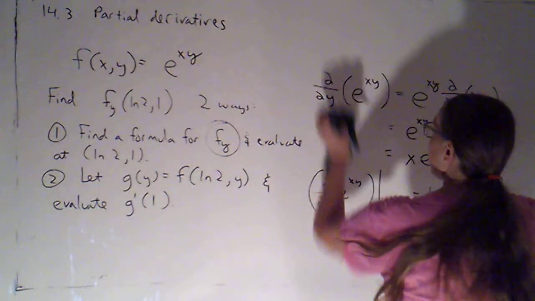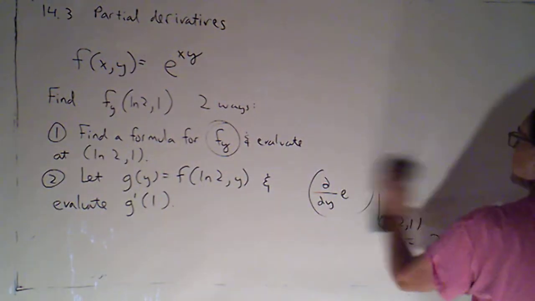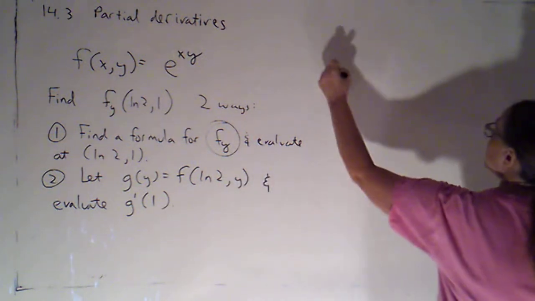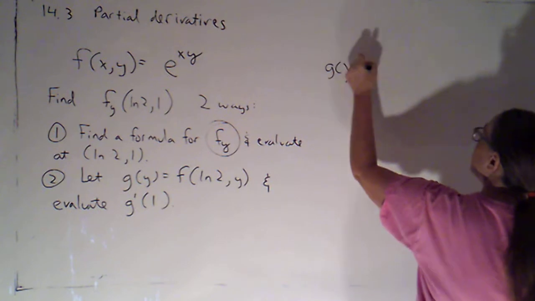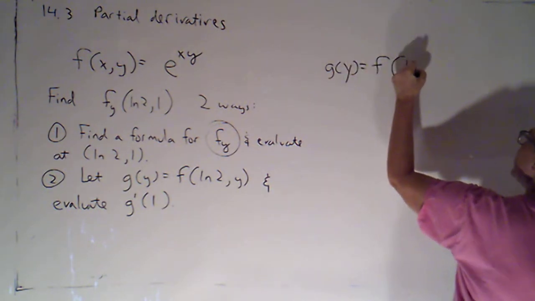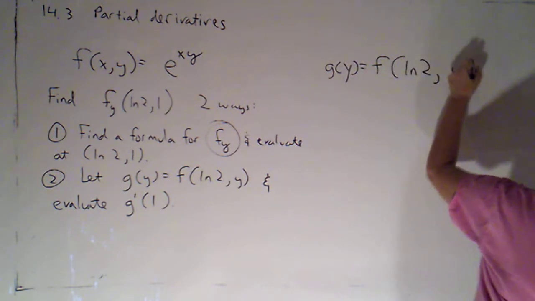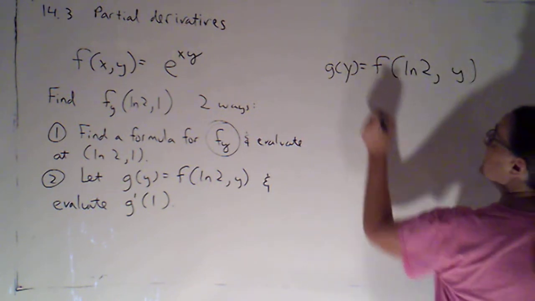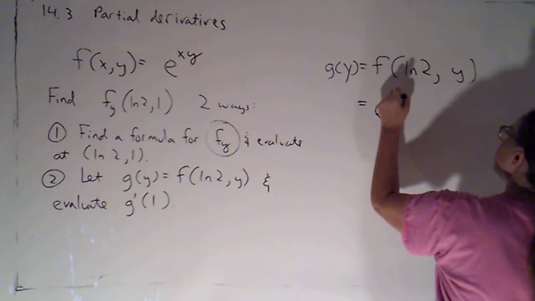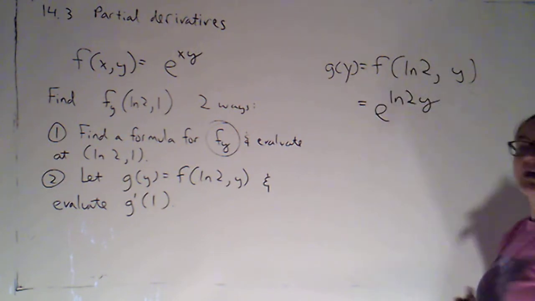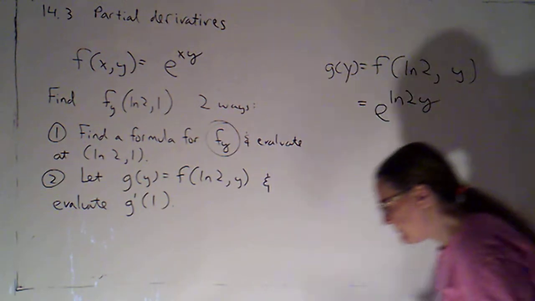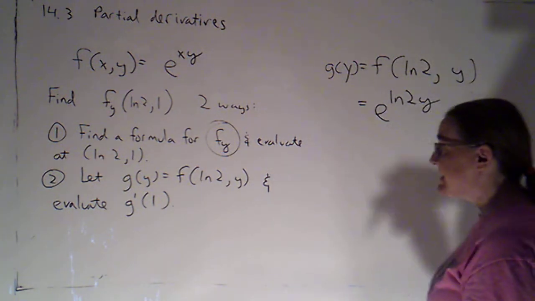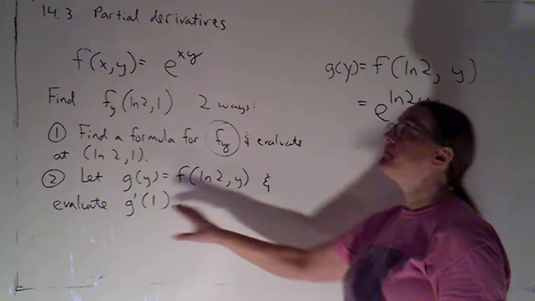With the second way, we're going to say x is a constant, and we're going to plug in that constant first. So I'm creating g of y, which is my function f, but evaluated when I hold x constant at the natural log of 2. So that's just going to be e to the natural log of 2 times y. Now I want to take the derivative of that and evaluate it at 1.